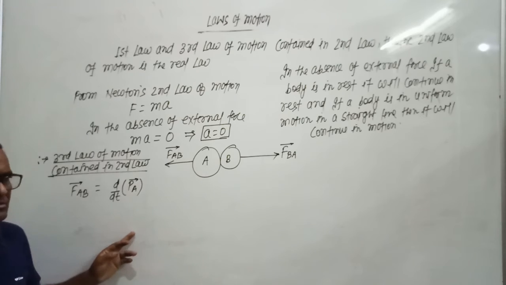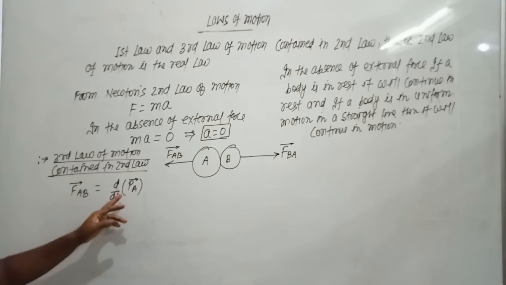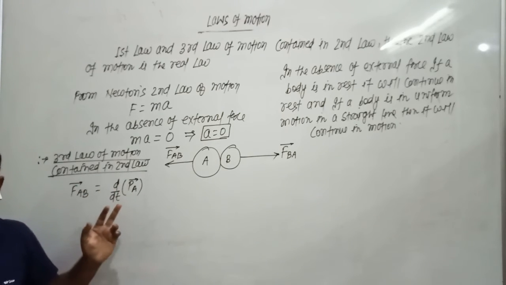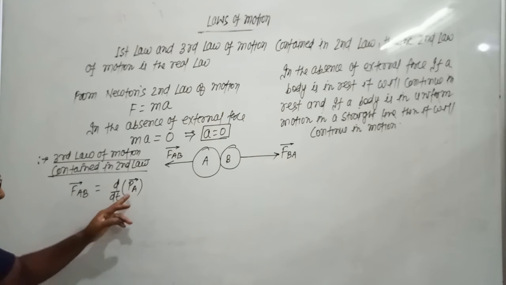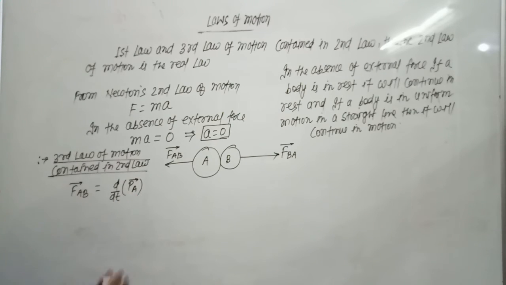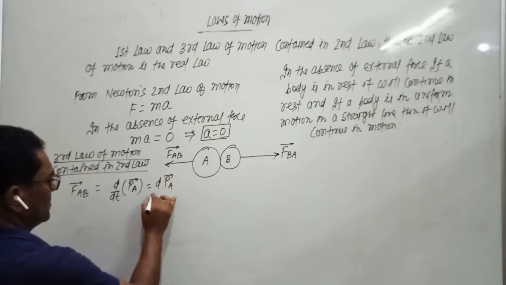Applied force on a body A due to the body B is equal to the rate of change of linear momentum of body A, represented by d by dt, so F of AB is dPA by dt.